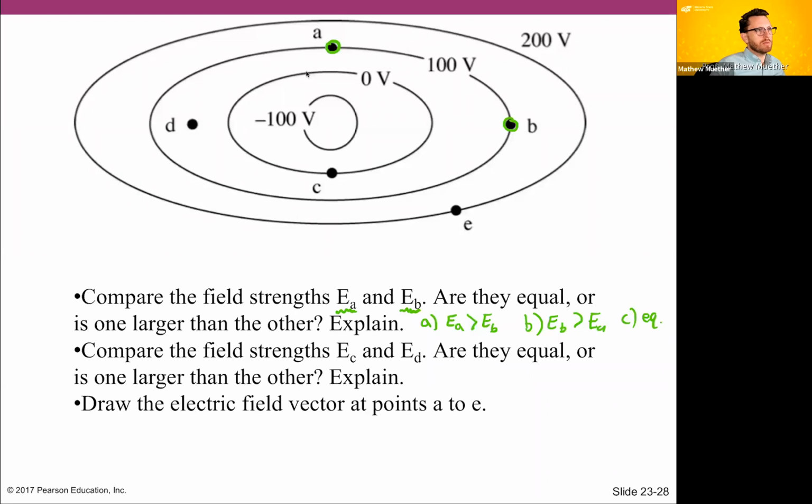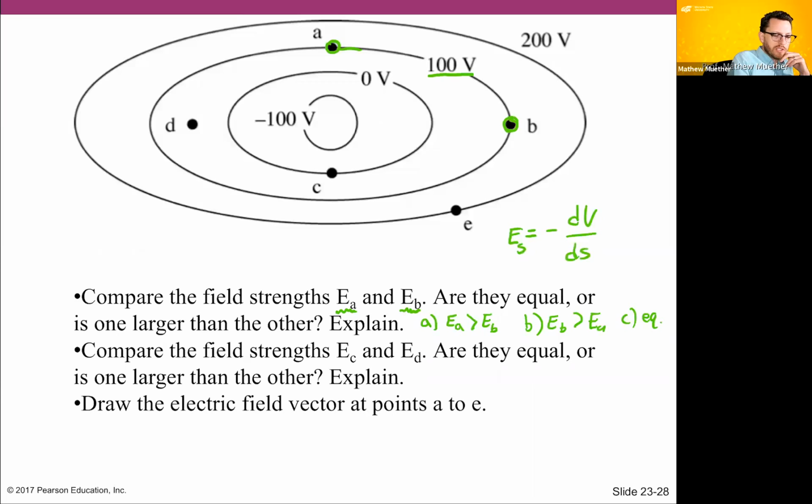Share the results. A lot of you selected that they're equal. Okay. Let's see. What's the thing that's equal? The thing that's the same between them is the electric potential. But the electric field is equal to minus dV/ds. So let's pencil in the electric field here.